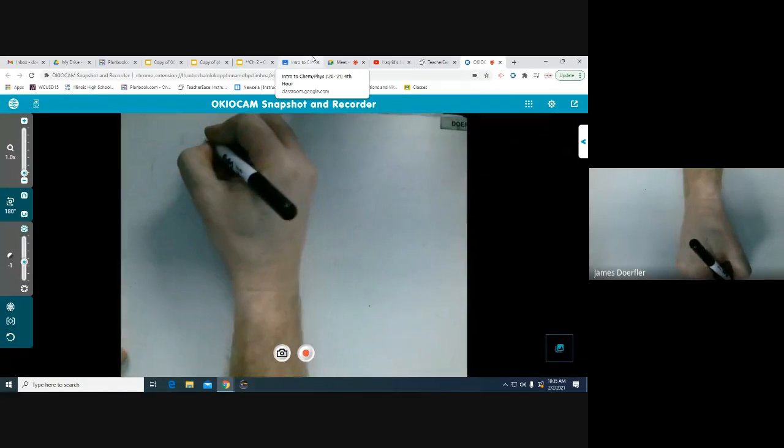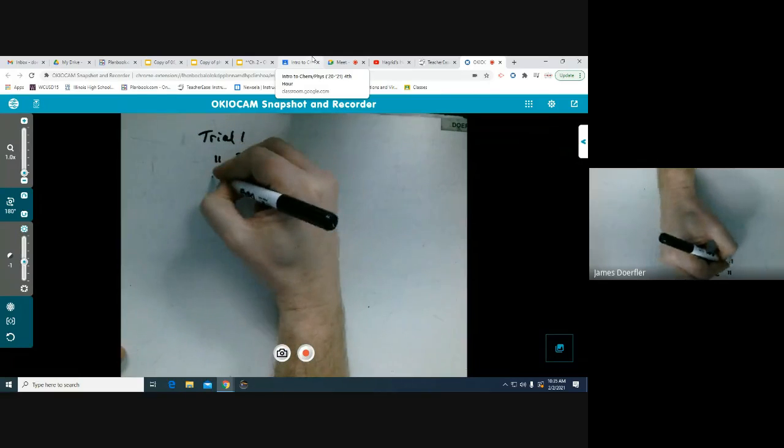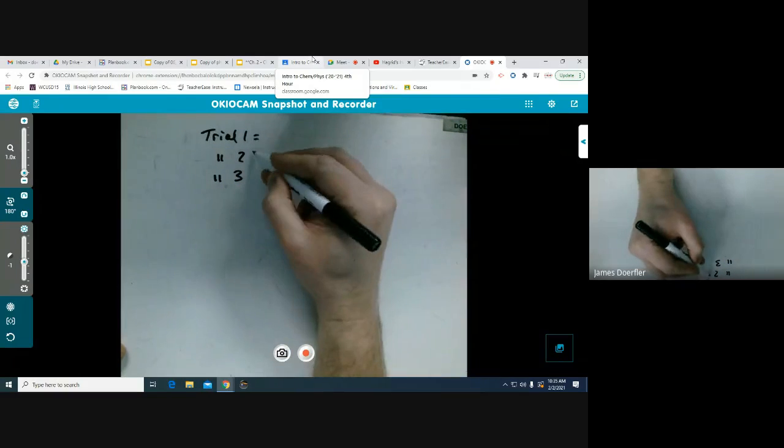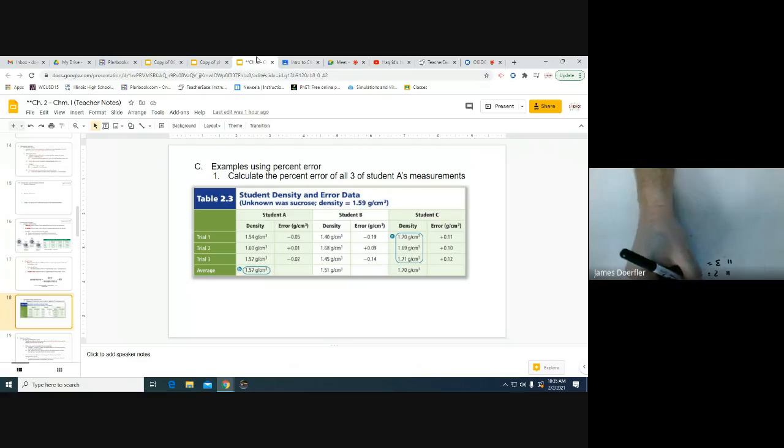So I'm just going to kind of rewrite some of this information on here. 1.6 and 1.57. Okay. And the actual is 1.59 grams per cubic centimeter. Okay. So we're going to calculate percent error for each one of these three trials.